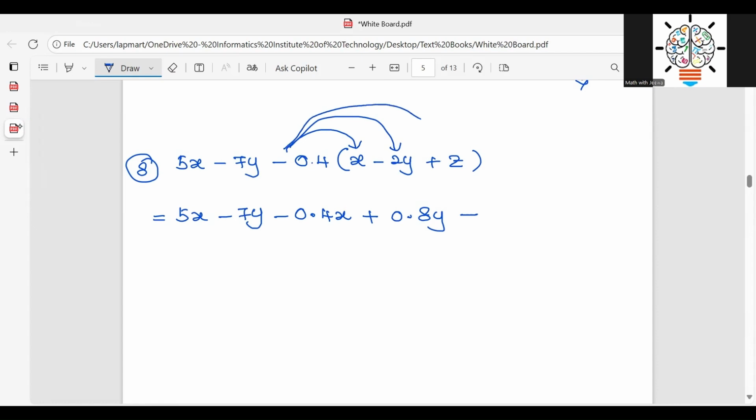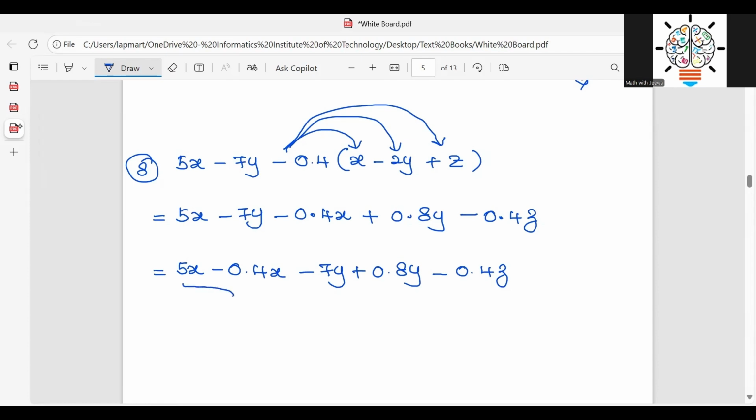So when I multiply them individually, negative and positive become negative, so that becomes 0.4z, right? So then what I do, 5x minus 0.4x, negative 7y plus 0.8y minus 0.4z. So then you want to simplify these separately.